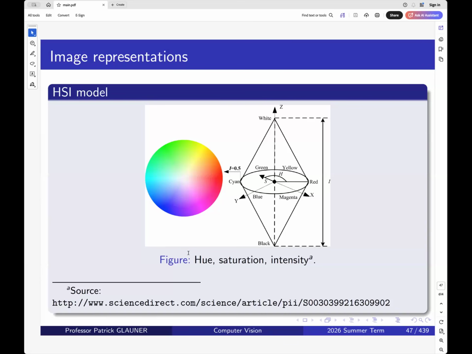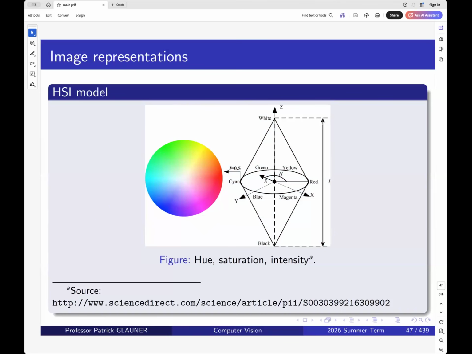So HSI stands for hue, saturation, and intensity, and this is depicted here. Hue is this H, and it's an angle. For example, it moves you from this reddish world into this greenish world, depending on how far you go along this circle. Then you also have a saturation S, which is how strongly you see this reddish or greenish color.